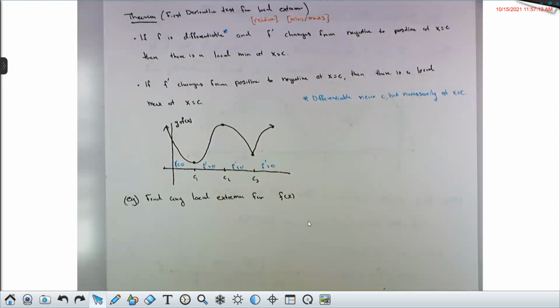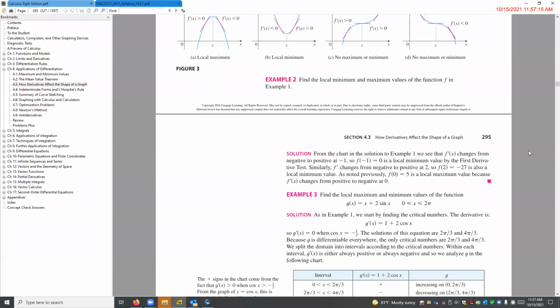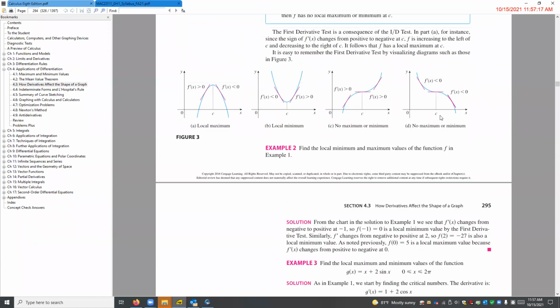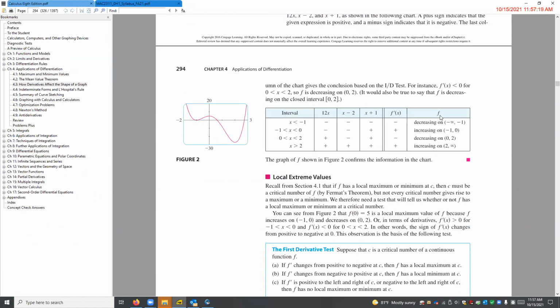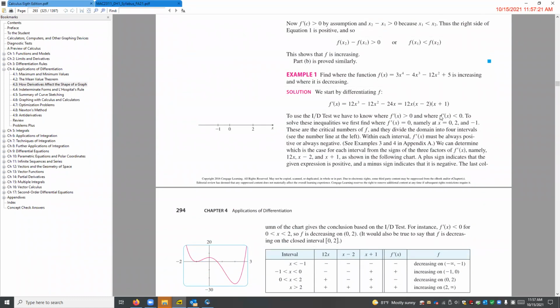Not quite. So what was that function? 3x to the 4 minus 4x cubed minus 12x squared plus 5, from the previous example.